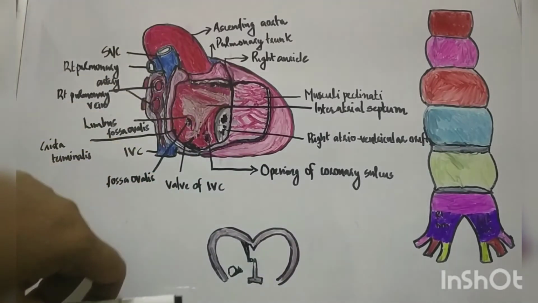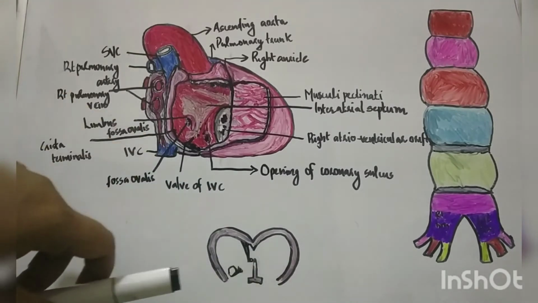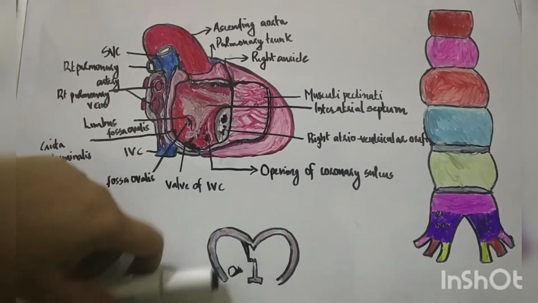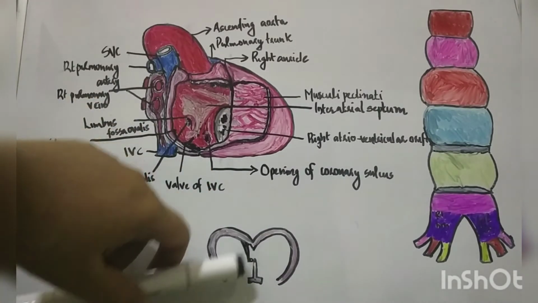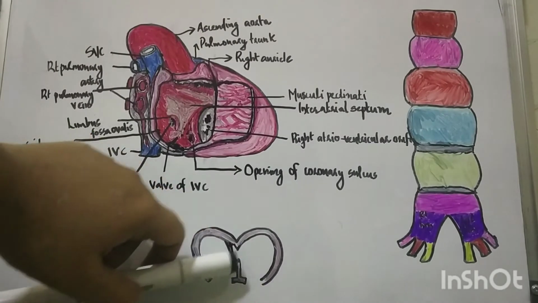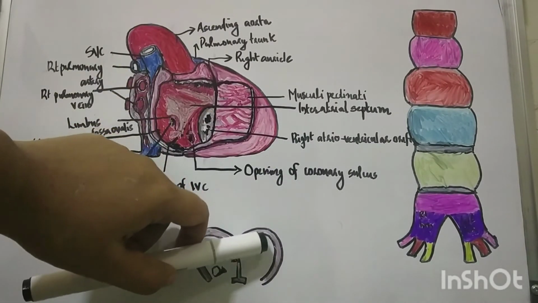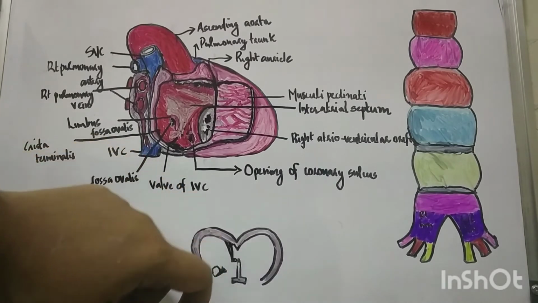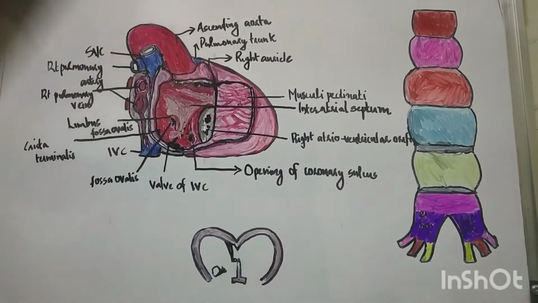That is, the pure oxygenated blood from the umbilical vein reaches the right atrium through the inferior vena cava. For it to be supplied to the whole body, it has to reach the left atrium. So for that, this valve is present.